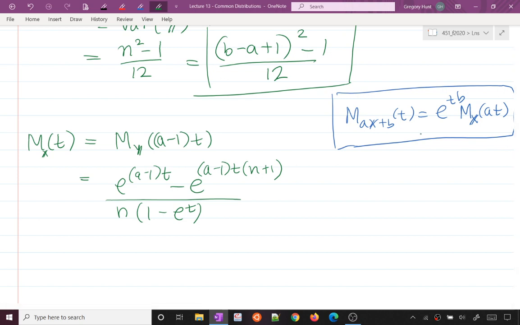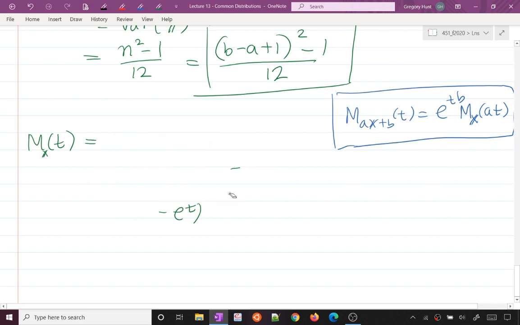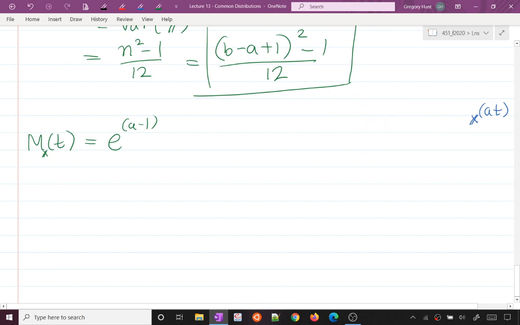No, that's incorrect. Let's go back here. This is not the correct way to apply this formula. In our case, the random variable x is y plus a minus 1.